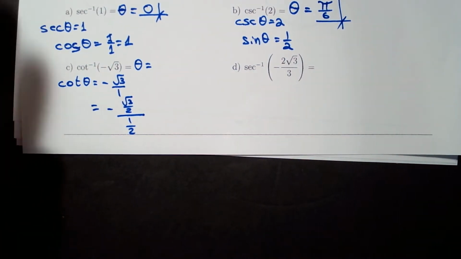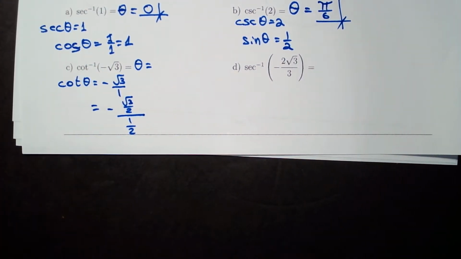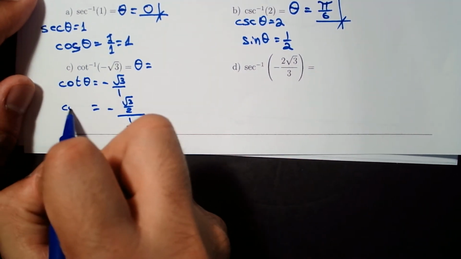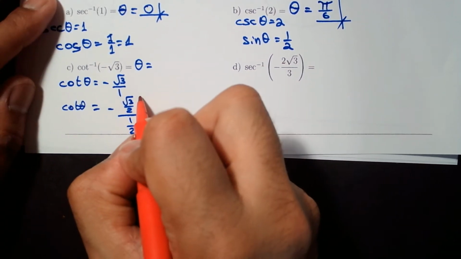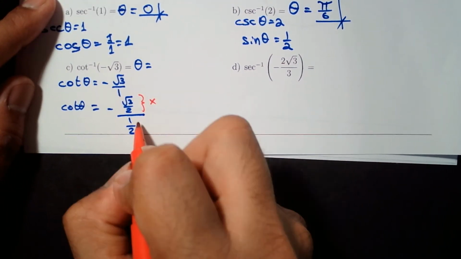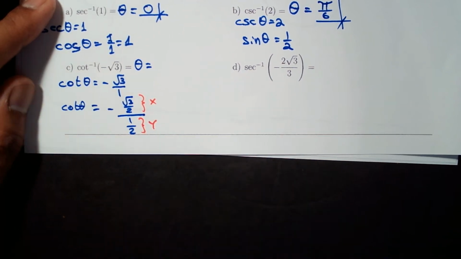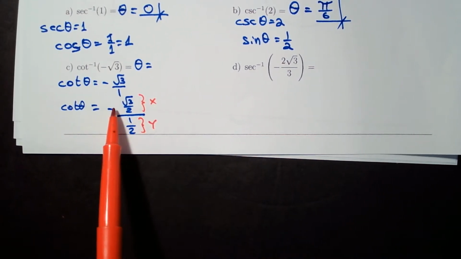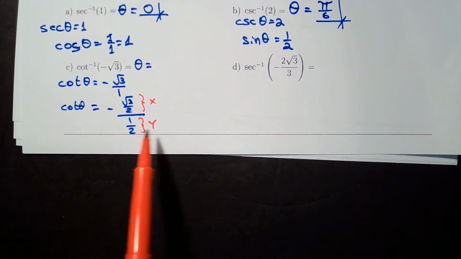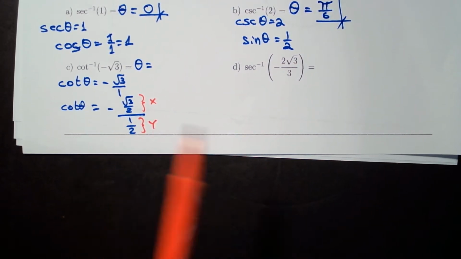Now recall that the cotangent function is defined as x over y. In other words, we're going to look for the angle whose x is -√3/2 and y is positive 1/2.